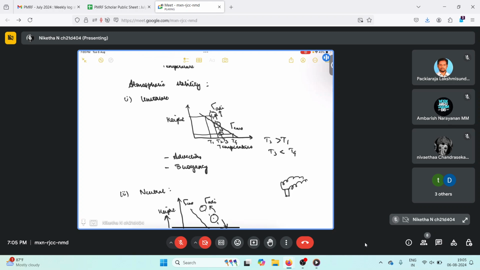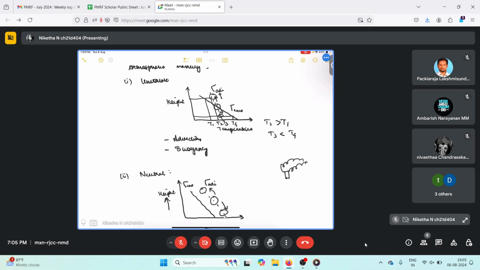So what happens in the unstable condition? If the wind speed is pushing your pollutant upwards, it will tend to move upwards, right? It will keep on moving upwards because as it moves upwards, its density is going to be less, and therefore it is going to be above the surrounding air, and that will help it move forward.